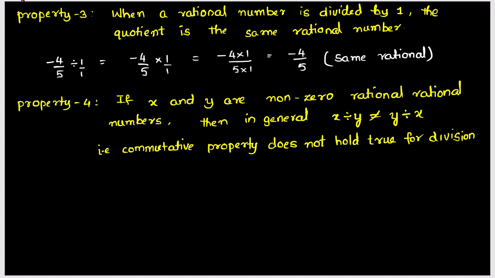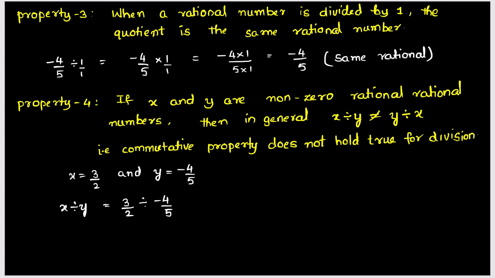Now we are going to justify the property with an example. Take here x equal to 3 by 2 and y equals to minus 4 by 5. Now let us find what is x divided by y. X divided by y, that means it can be written as 3 by 2 divided by minus 4 by 5.